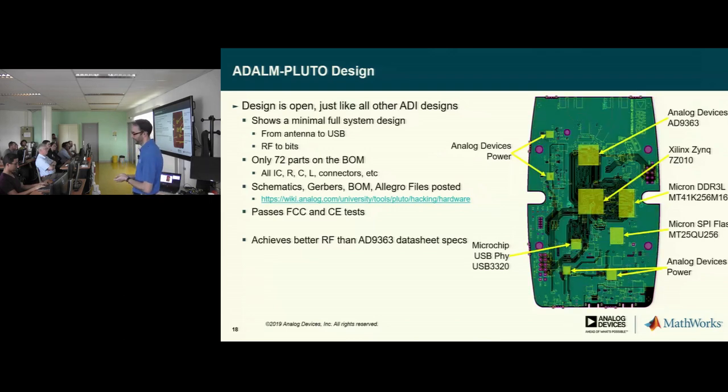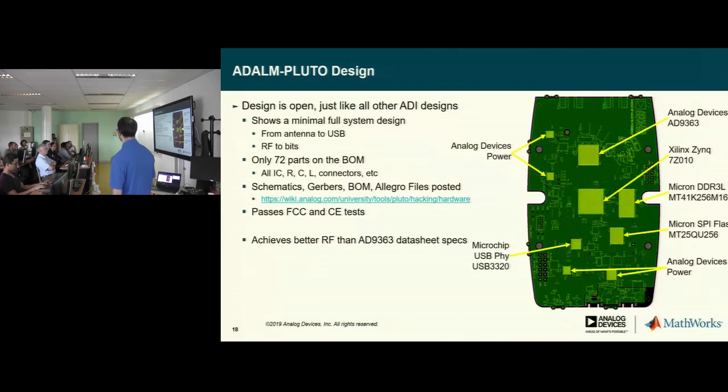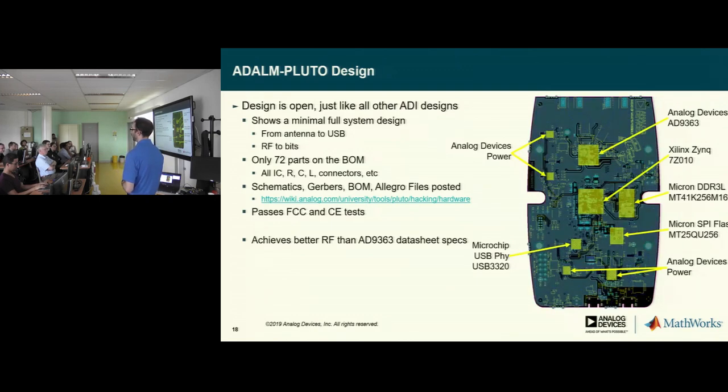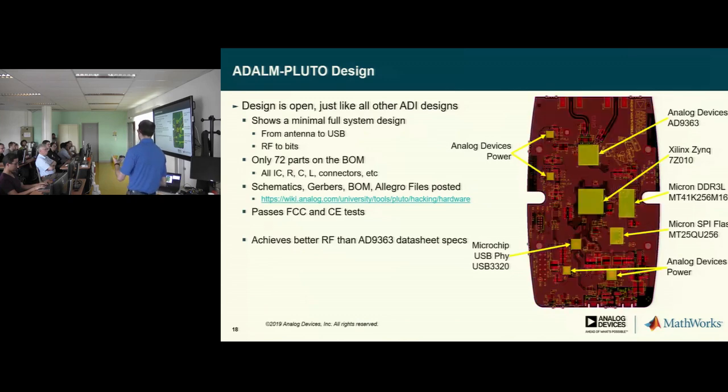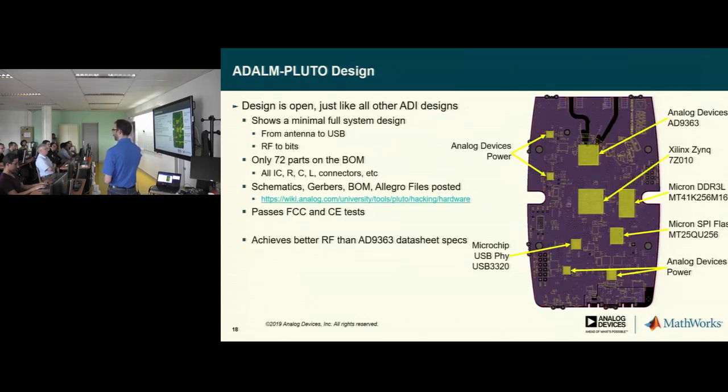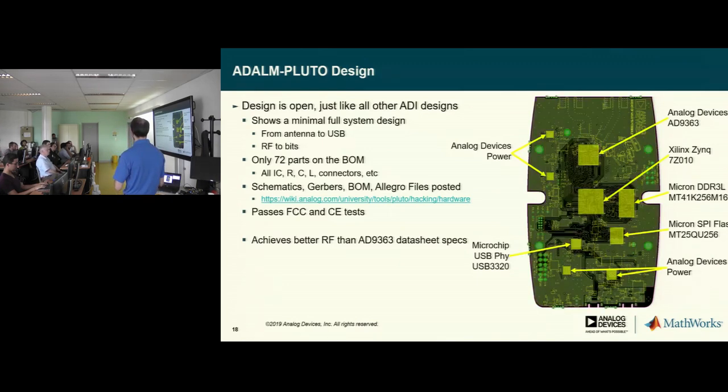Now, one of the reasons we actually did Pluto was because people didn't believe that you could build a low-cost solution around the transceiver and around our products. ADI has traditionally been known for super high-end devices, converters, analog components. But Pluto is really a representation of a simplified design that you can build on your own.